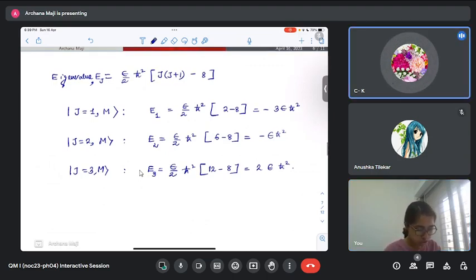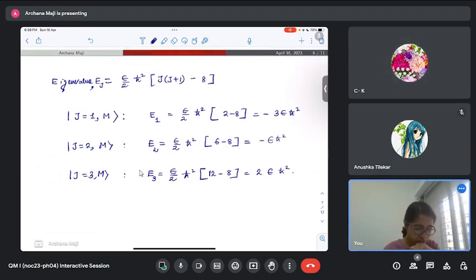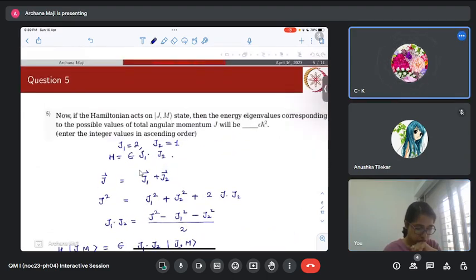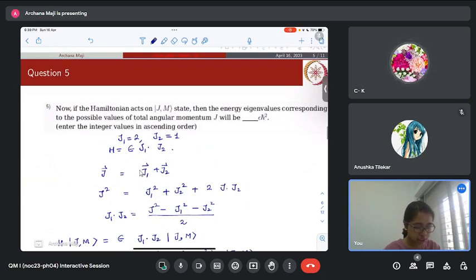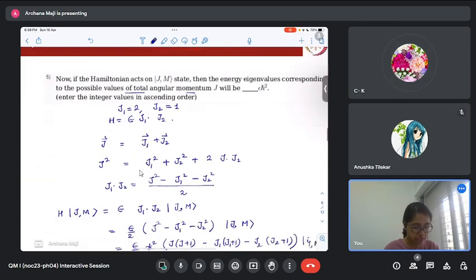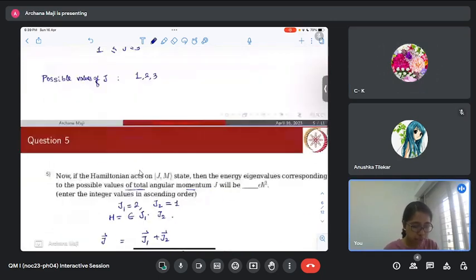The question is asking for the energy eigenvalues corresponding to the possible values of total angular momentum. The possible values of total angular momentum are these three: 1, 2, and 3.